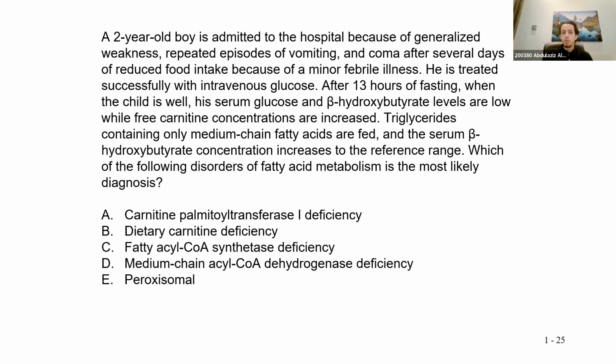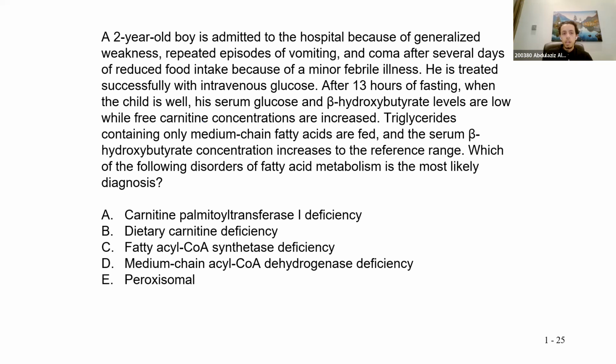He's successfully treated with IV glucose, and after 13 hours of fasting, he has low glucose and low beta-hydroxybutyrate. He has low ketone bodies. Okay, so he has a hypoketotic hypoglycemia. And also, it says the free carnitine concentrations are increased.